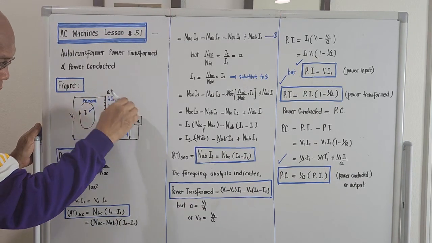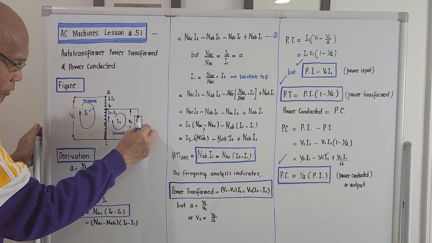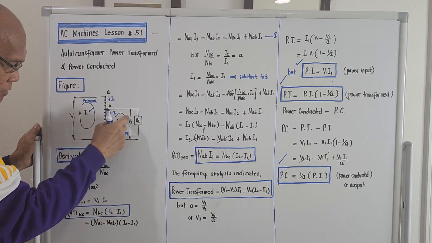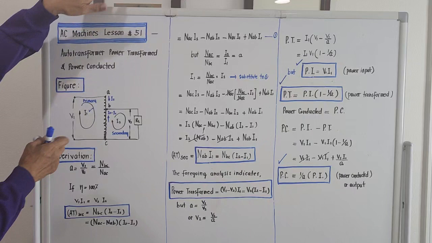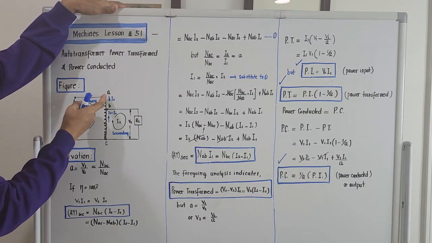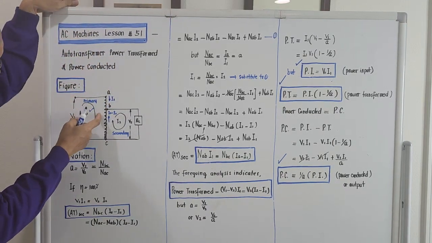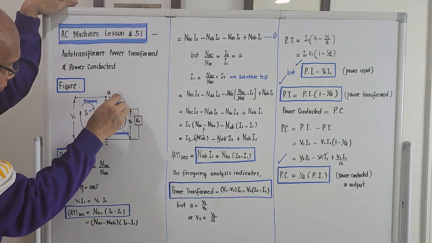The current circulating on the right loop, the one passing through the load and the secondary part of the autotransformer, I mark it as I2. The only current passing through the winding from A to B is just I1.